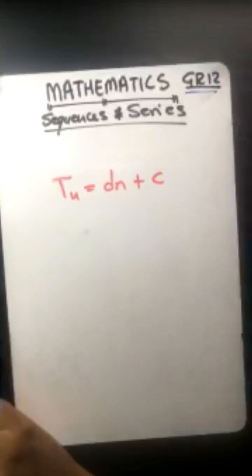I want to quickly ask Hamisa something, and also that honorable member. Do you guys still remember that today we learned that we can have, I think, dn plus c, a shortcut of determining the general formula of an arithmetic sequence? Let me see if Moleboge is here. Moleboge. I am here. Okay.